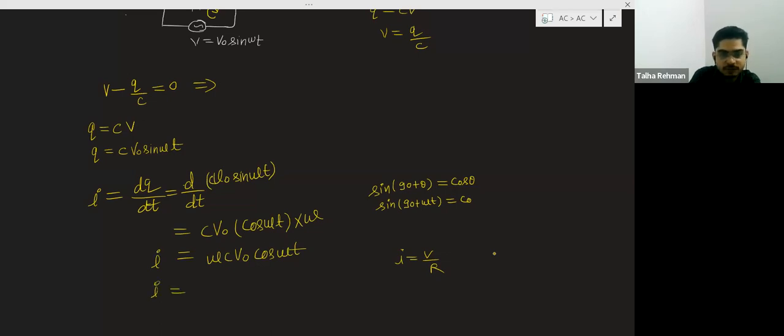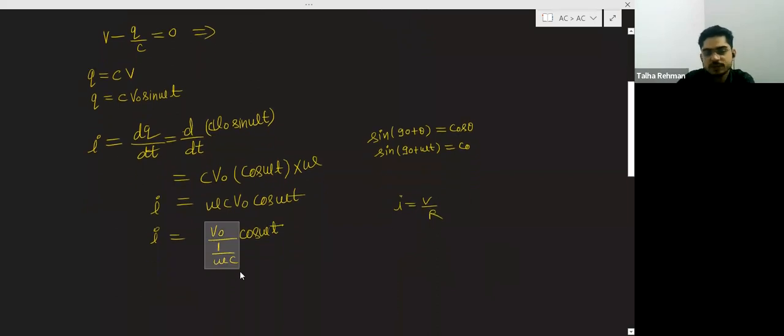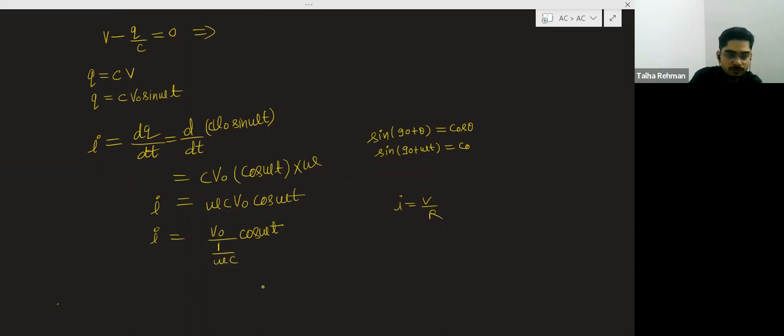So I can write this equation as V naught divided by 1 by omega C, into cos omega t. So basically this will be your I naught.